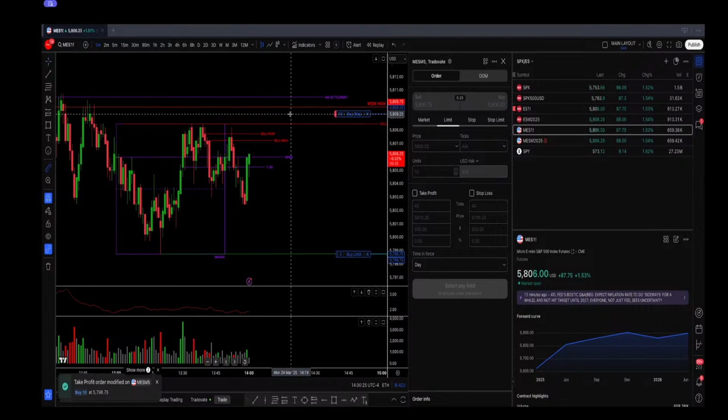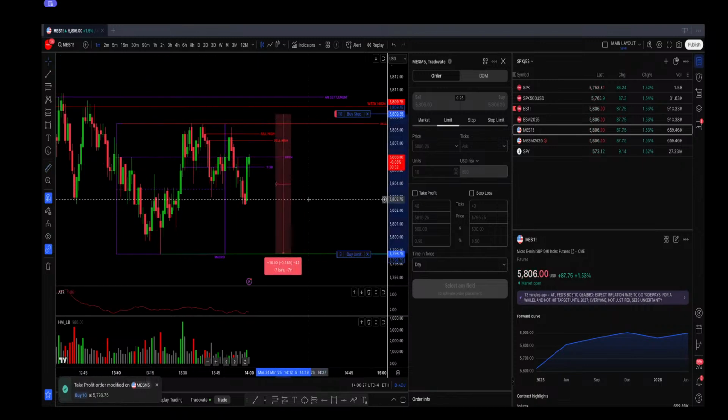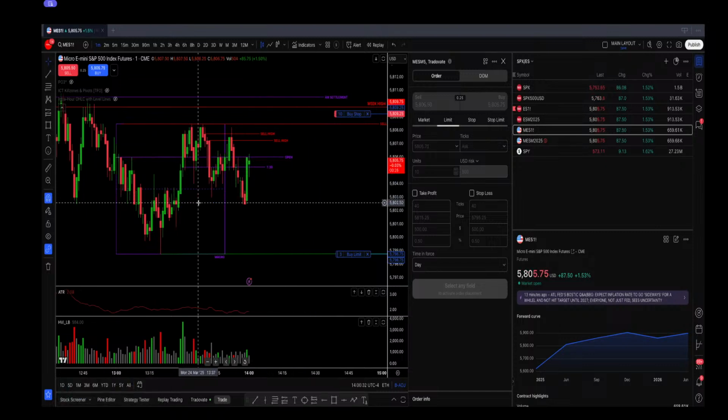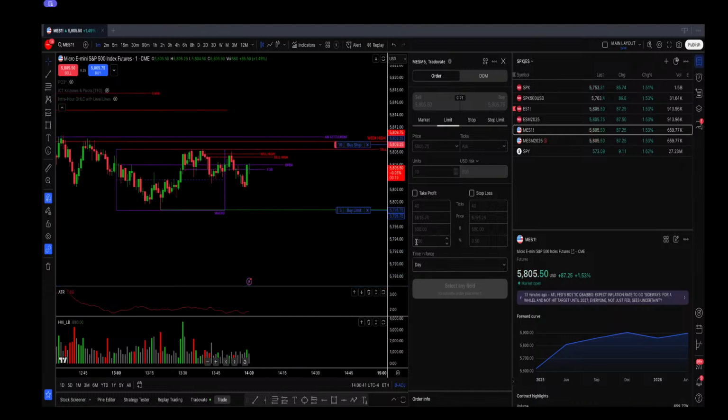So I'm either walking out of this position with 40 or nothing. And I like that. I'd rather that. Because even if they flush lower and I miss it, I'm cool.